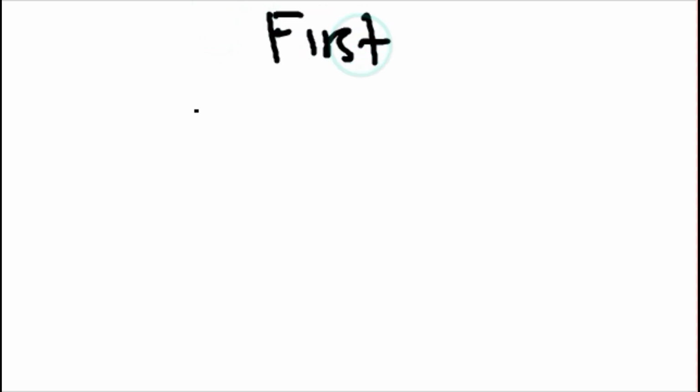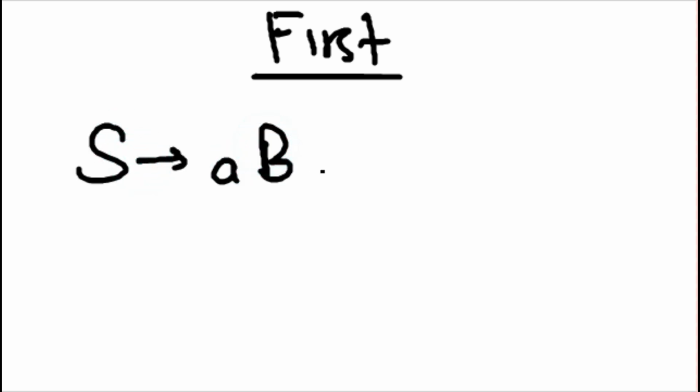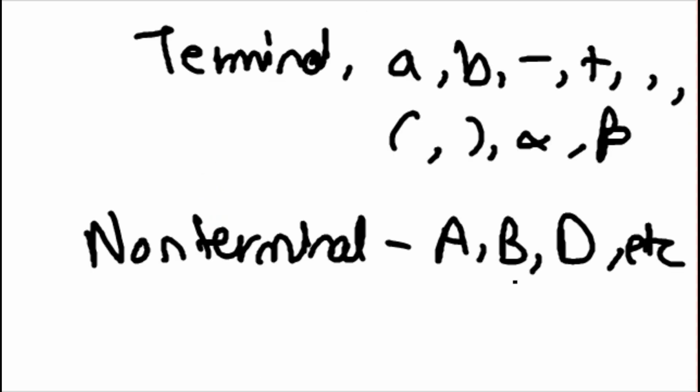Now if you want to calculate first and follow, let us start with first. How to calculate first? To calculate first, there are various different rules. Let us consider a grammar. S produces a B C. Now in this case, small a, as we discussed, is a terminal symbol.